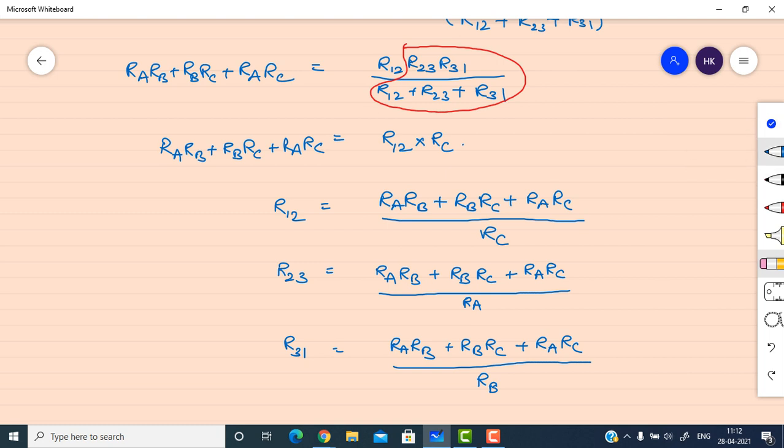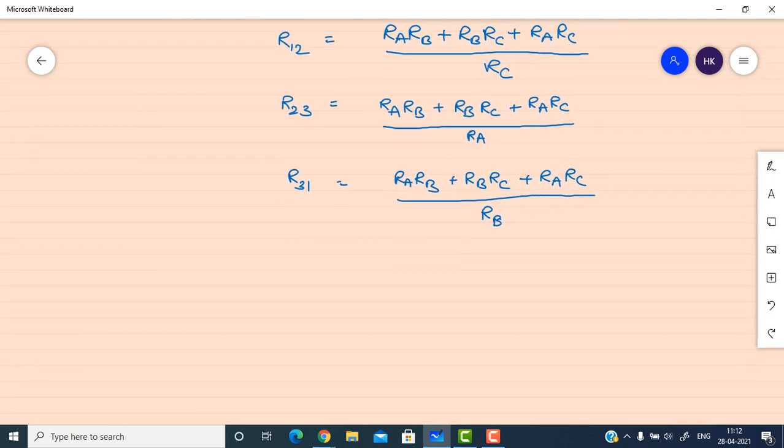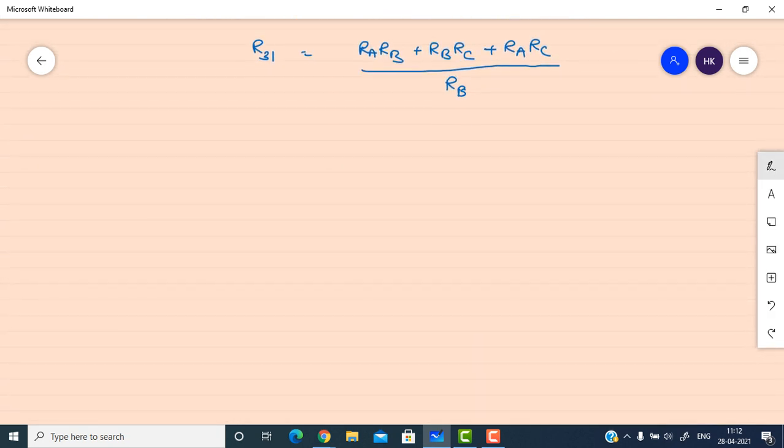For this also, I will tell you how to remember the formula. The numerator you can remember anyway. For all the three resistors, the numerator is the same. Just remember, we have to multiply RA, RB, RC, then add all those three. That is the numerator. For the denominator, we have a star connected network and we are converting into delta.